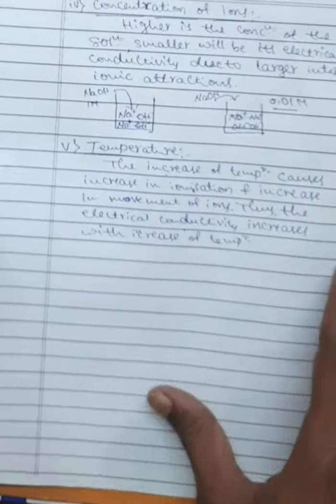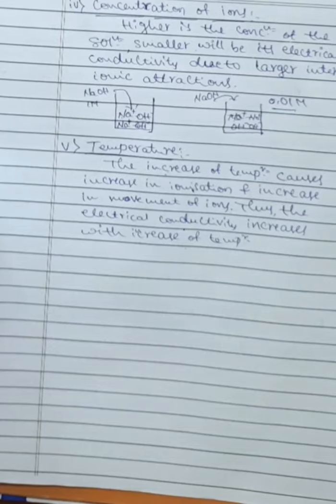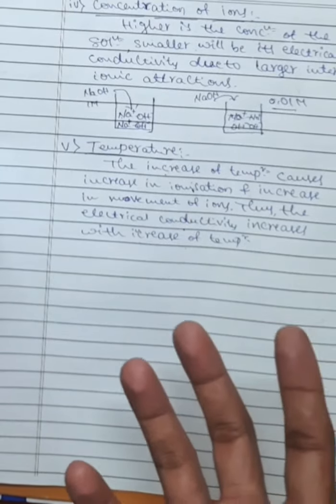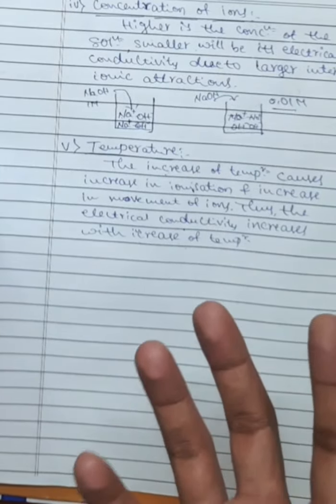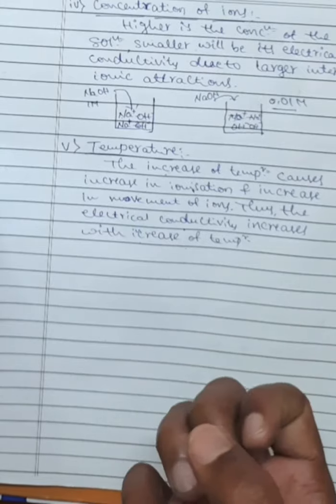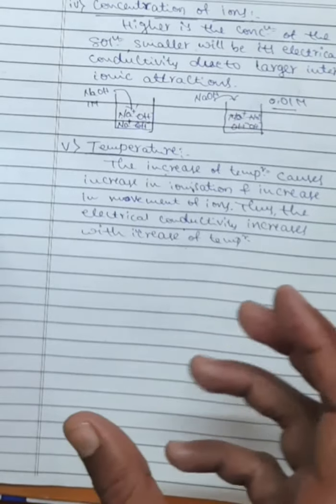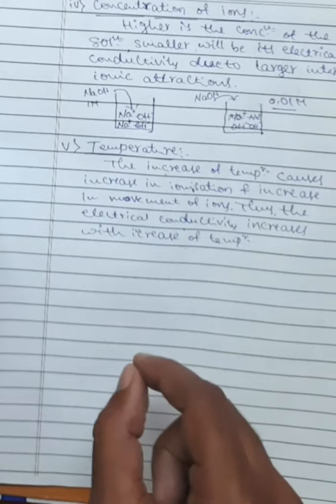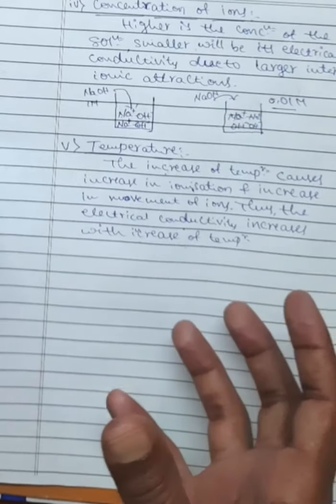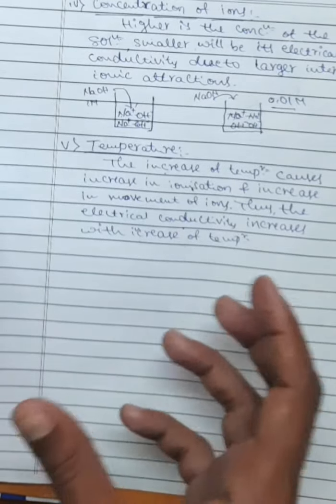Next one is the concentration of ions. You already know that at higher concentration the quantity of solute is very large. Because of that the ions are very close to each other, so the inter-ionic interactions or attraction is very high.